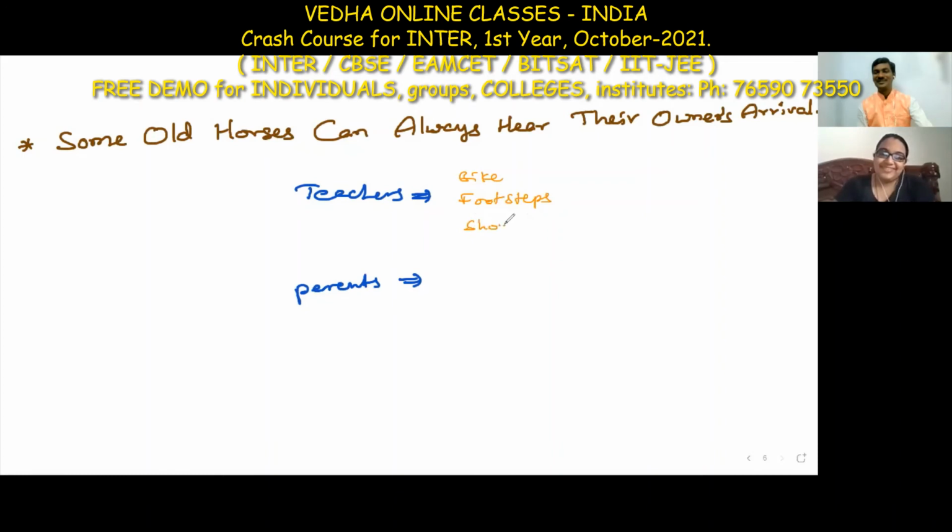Very good. Without looking at them, by hearing something we can identify: yes, father is coming, mother is coming, math teacher is coming, principal is coming. Like that we can hear.